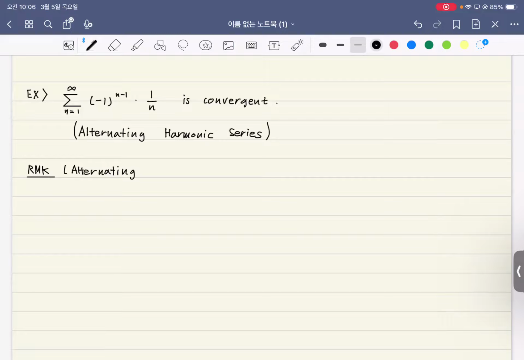So this is called the alternating series error estimation. Okay, let us suppose I have an alternating series, and that is satisfying all those conditions given in the alternating series theorem.